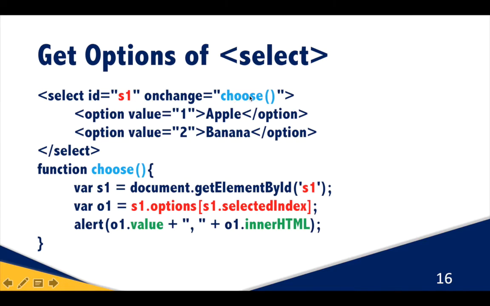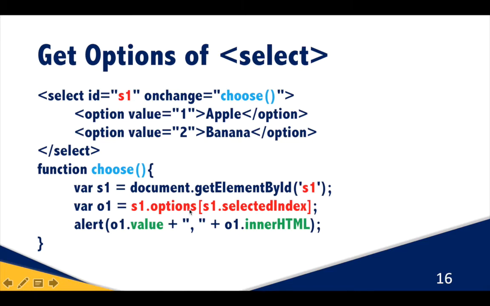Okay, and if you want to get an option from a select here, the option S1, and you have maybe onchange choose, I created a method, a function actually, a function choose here, and then you have multiple options here. That's why first you need to call getElementById S1 here, and then you can get any option that you selected by this, because you have multiple options.